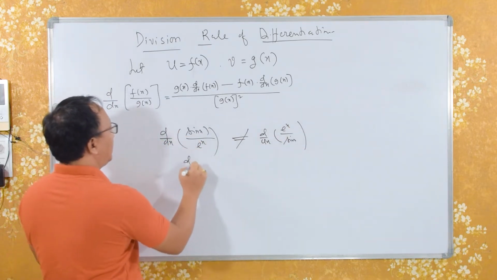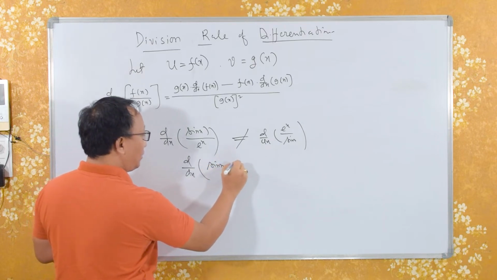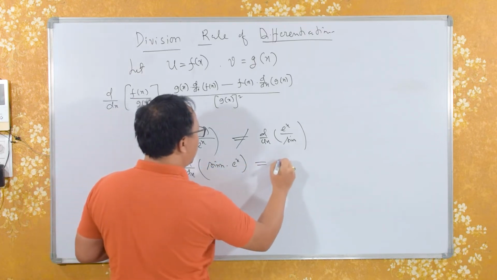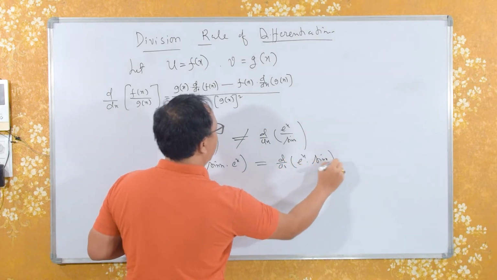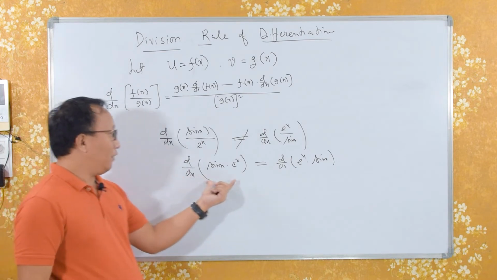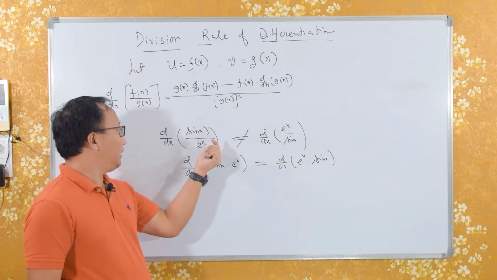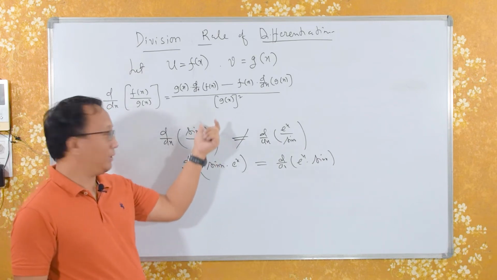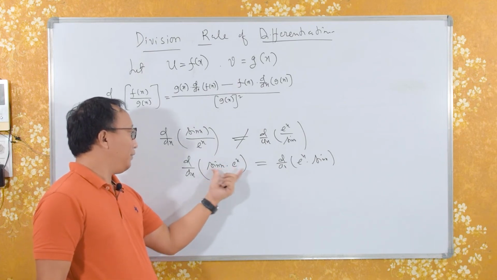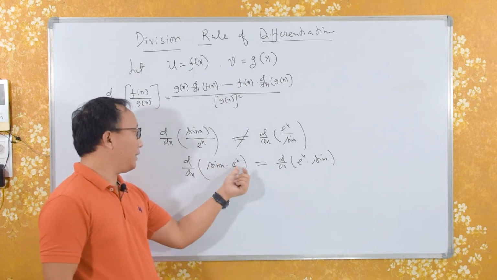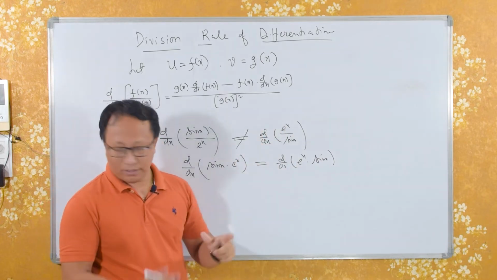But in the product rule, d by dx of sine x into e raised to x will be the same as d by dx of e raised to x into sine x. Therefore, you have to be careful about which one is the upper one and which one is the lower one. So numerator and denominator, you have to be very much concerned. But in the product rule, if you change the functions, for example f(x) into g(x) or g(x) into f(x), the answer will be the same.